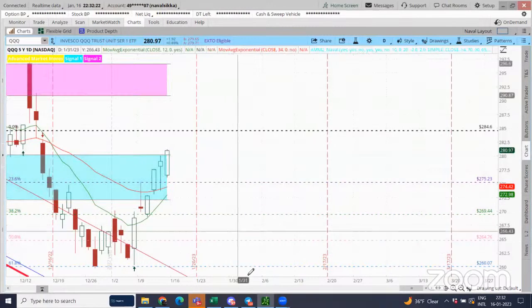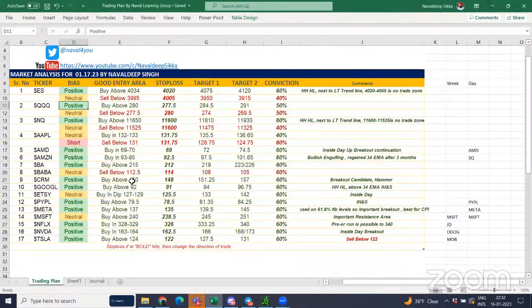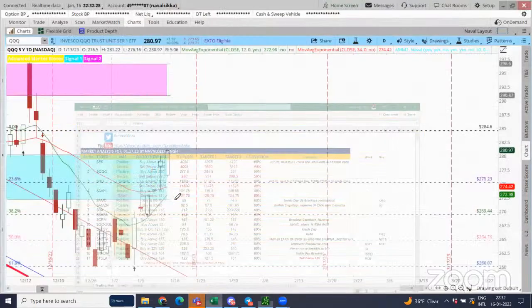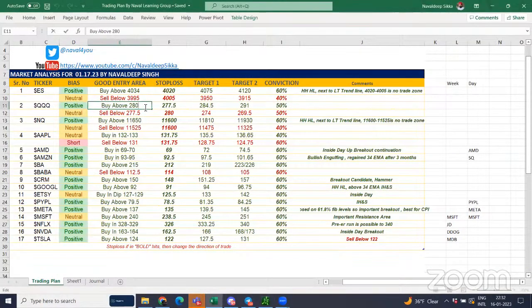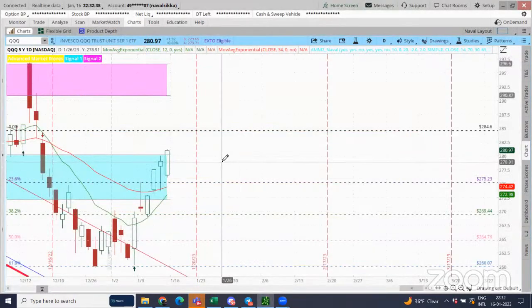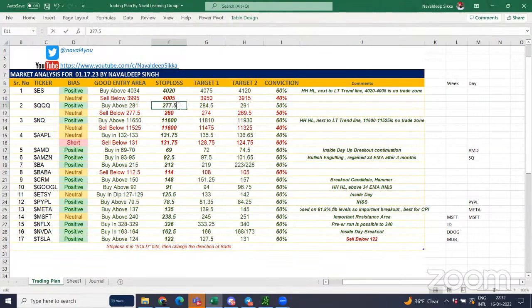These are possible targets for me for Triple Q. I want to buy above Friday's high, which is 281. So instead of 280, I want to go above 281. Stop loss will be 279 now.